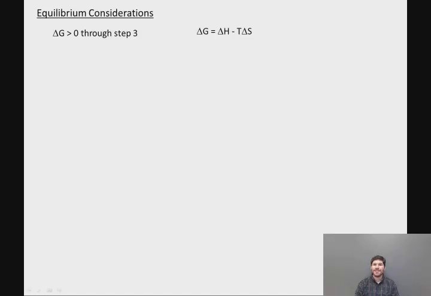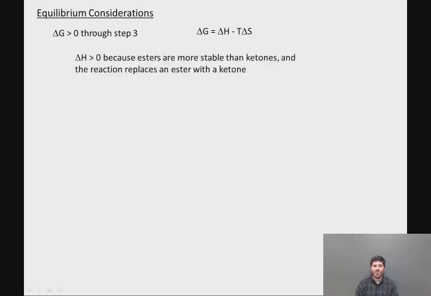Well, recall that delta G is equal to delta H minus T delta S. So if we want to understand this, we've got to look at what the delta H term should be and what the delta S term should be for the reaction up till this point. Well, delta H is going to be positive because esters are more thermodynamically stable than ketones are.